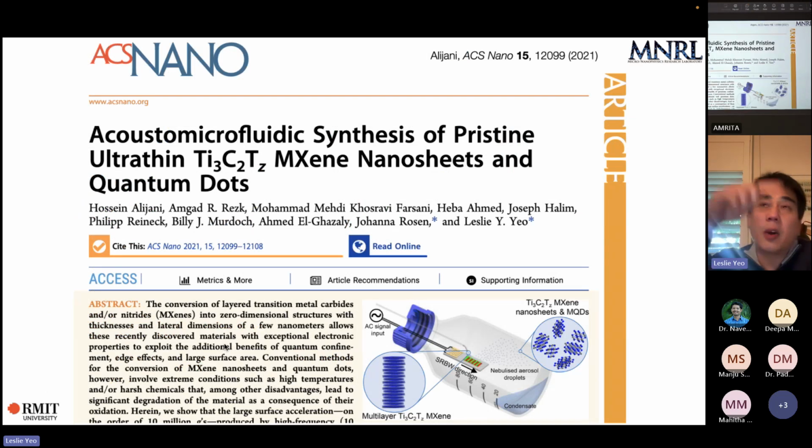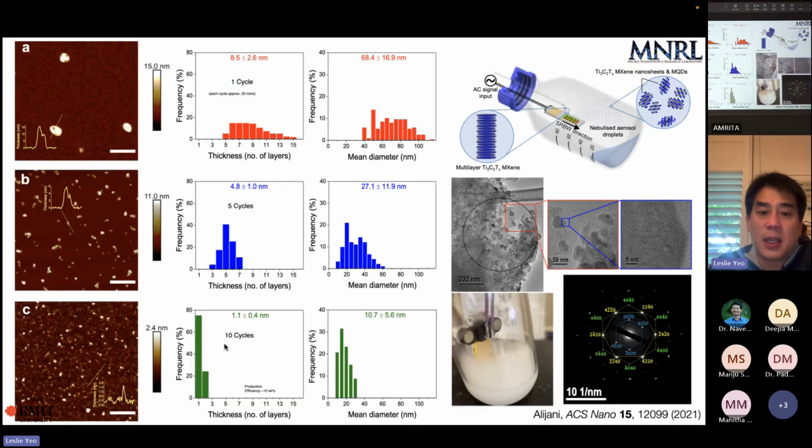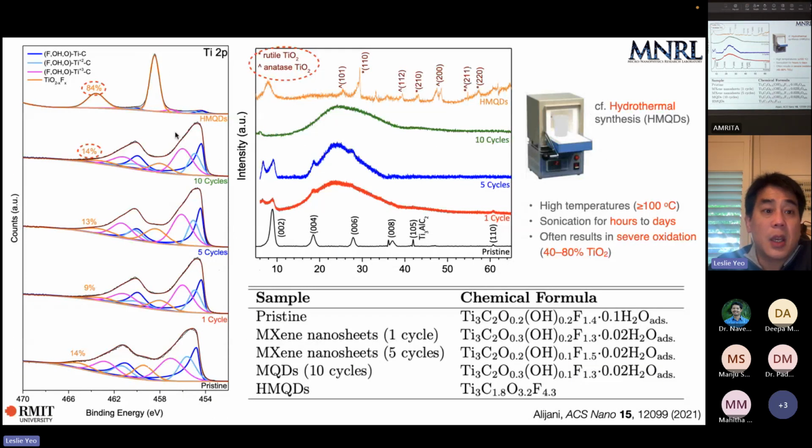Again, we can also do the cycling, the nebulization and condensation, to synthesize MXene quantum dots. Interestingly, the quantum dots that we see are very pristine, or at least they have low oxidative states compared to if you do hydrothermal synthesis.